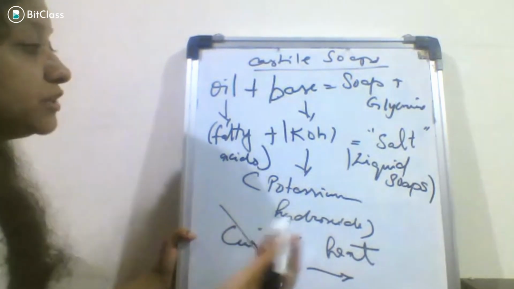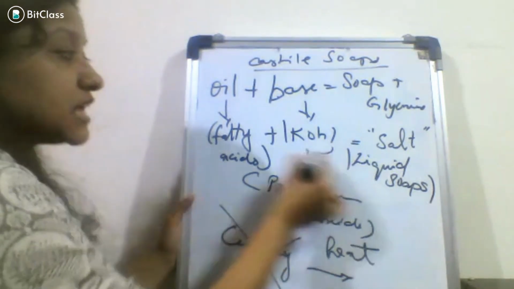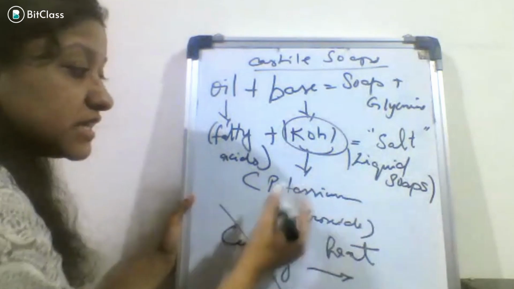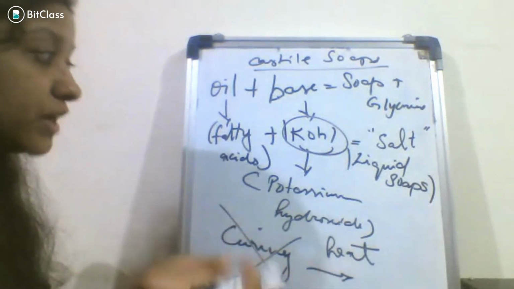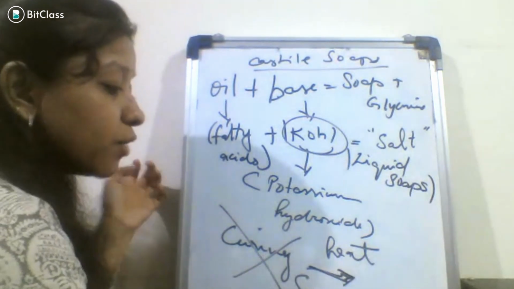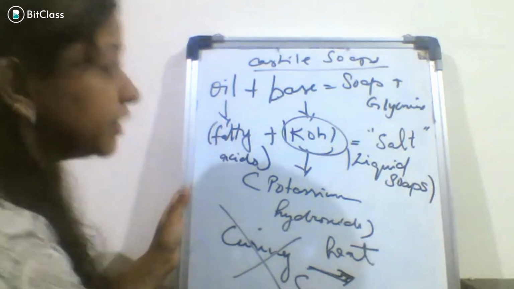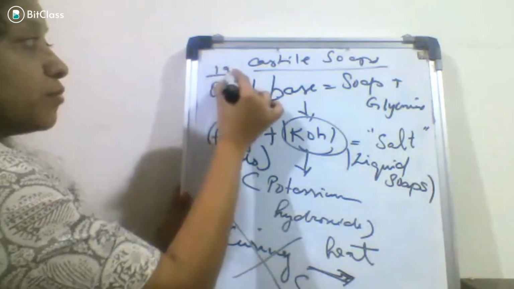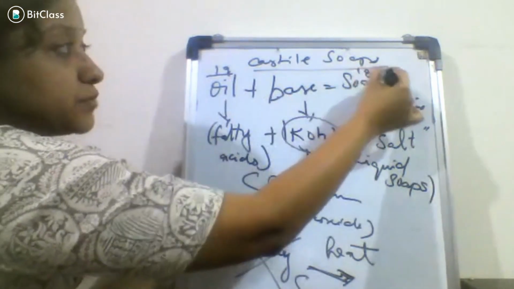And one more thing you have to notice. This KOH is a chemical. This potassium hydroxide will saponify in heat. Saponification is nothing but converting every 1 gram of oil into 1 gram of soap and glycerin.